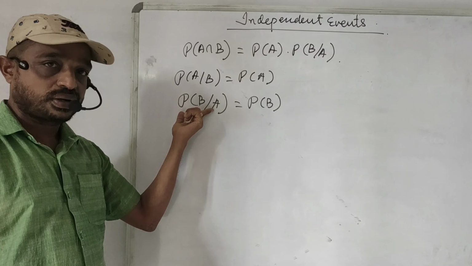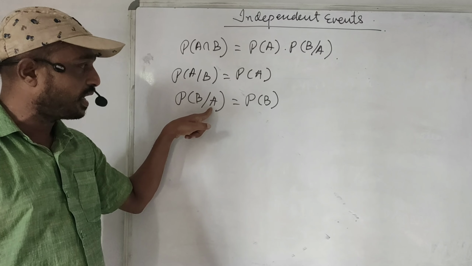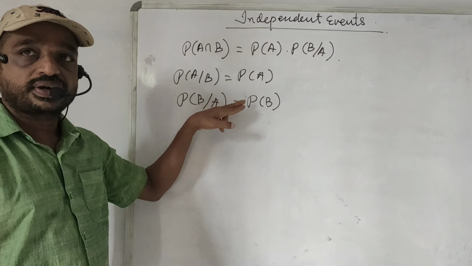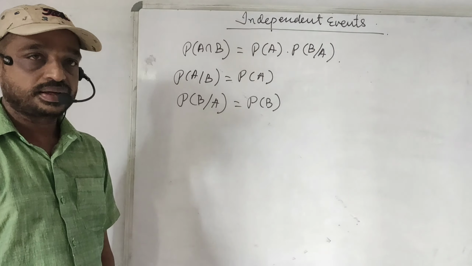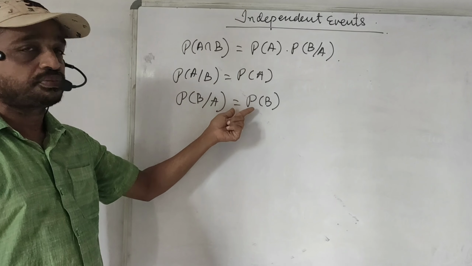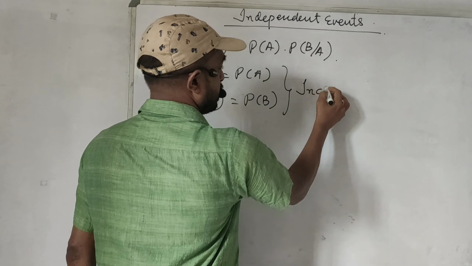That is equal to the probability of event B itself. That means occurrence or non-occurrence of the event A does not affect the probability of occurrence of the event B. Then these two events are said to be independent events.